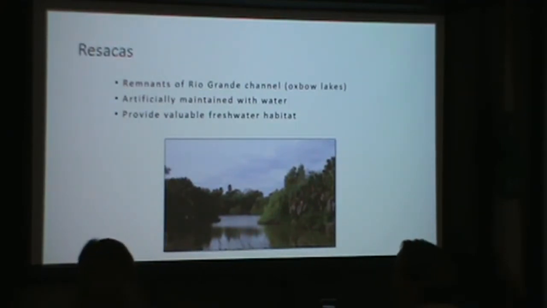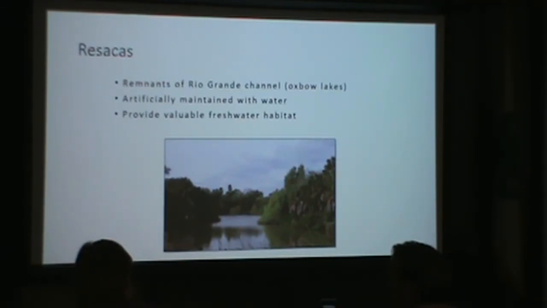which is agricultural, the landscape is agriculture, irrigation, resacas are maintained, are managed. So the old riverbed is filled with water from the river now, and they are maintained.